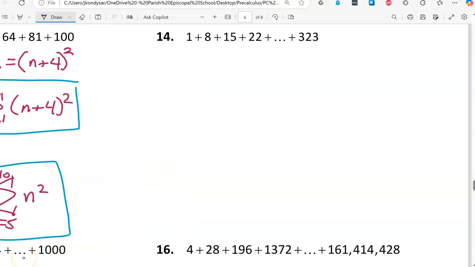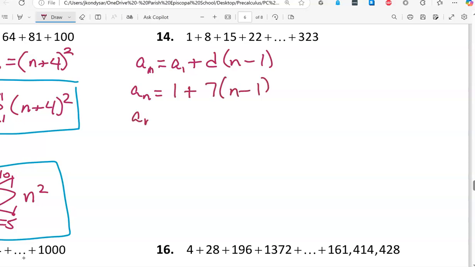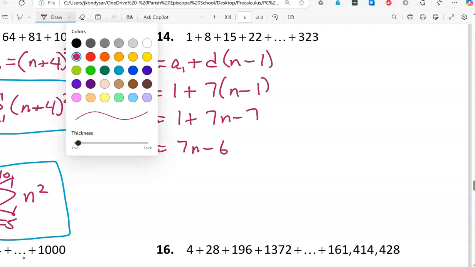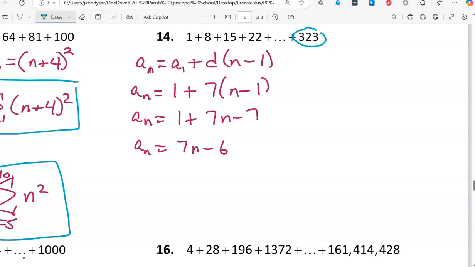In 14, we know that this is an arithmetic series, and so in an arithmetic series, a sub n, the general term, is equal to the first term plus the common difference times n minus 1. And so the first term is 1, the common difference is 7, and so that means our a sub n is equal to 1 plus 7n minus 7, and a sub n is equal to 7n minus 6. The thing that we don't know is, although we're starting at the first term, we don't know what number term this is.